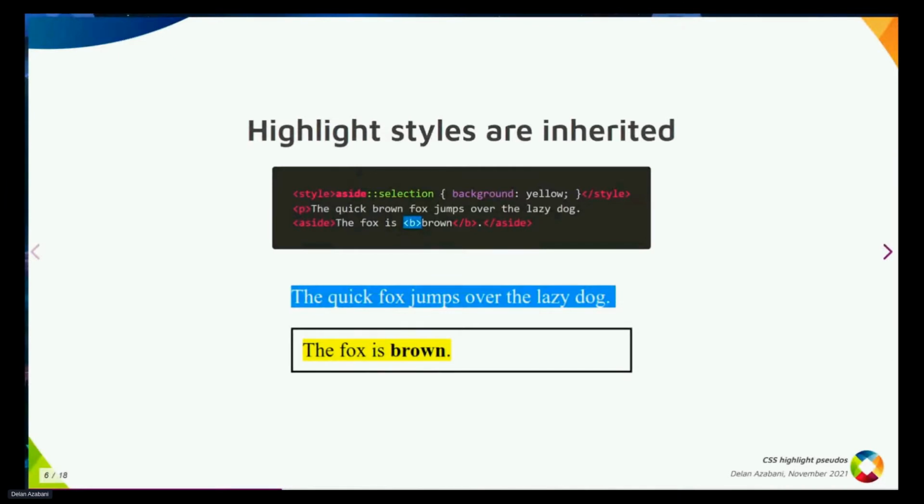This is more or less what Opera did under the Presto engine, but the other engines currently inherit selection styles from the originating element only. What this means is that essentially with this word brown here, the yellow selection background would be reset to the browser's default highlight color, which is this blue over here.